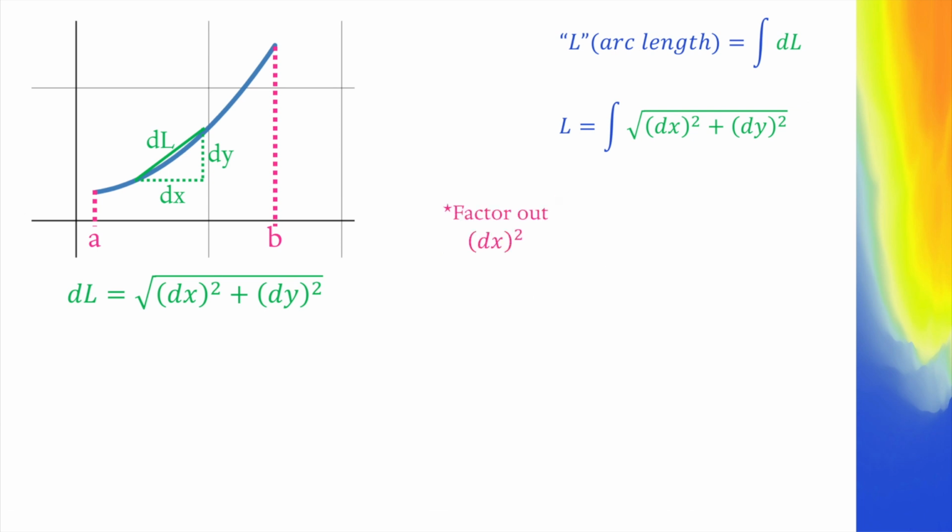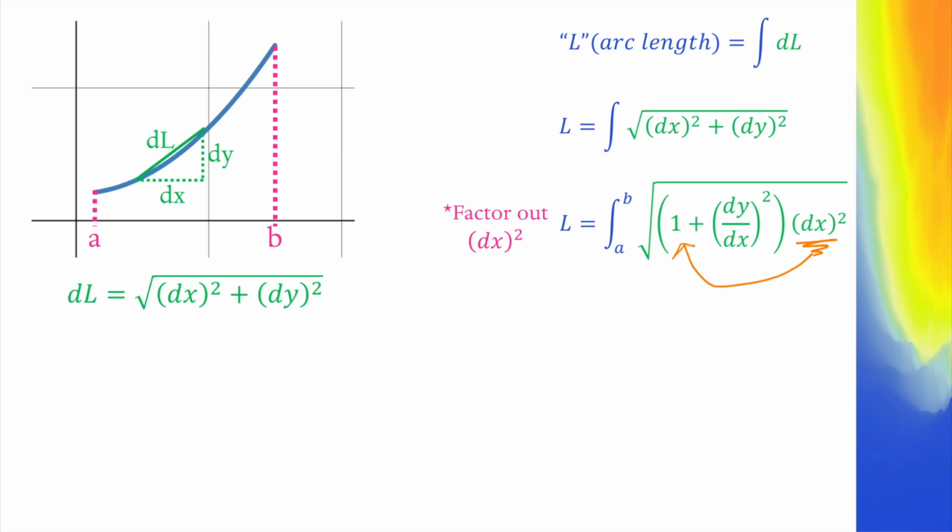So I'm going to factor out, kind of, a dx squared. So that looks a little scary, but I just factored out a dx squared and put it on the end there. And you can see if I distributed it back in, I would be back to where I started. Now, what do you notice about right in here? (dy/dx) squared.